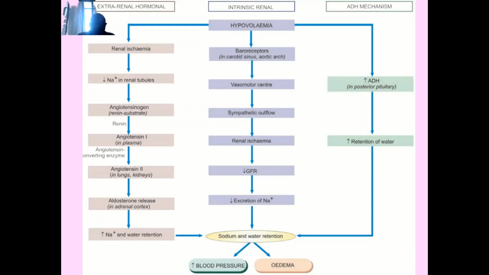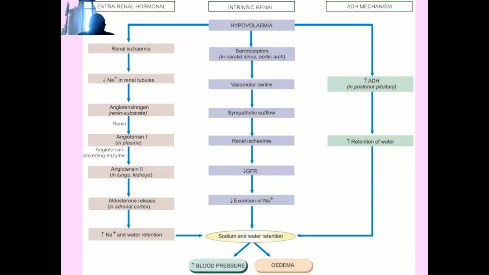Now angiotensinogen is acted on by renin, with activation of the juxtaglomerular apparatus, producing angiotensin I in the plasma, which is acted on by angiotensin converting enzyme. You remember there are drugs which work at this point, the ACE inhibitors.